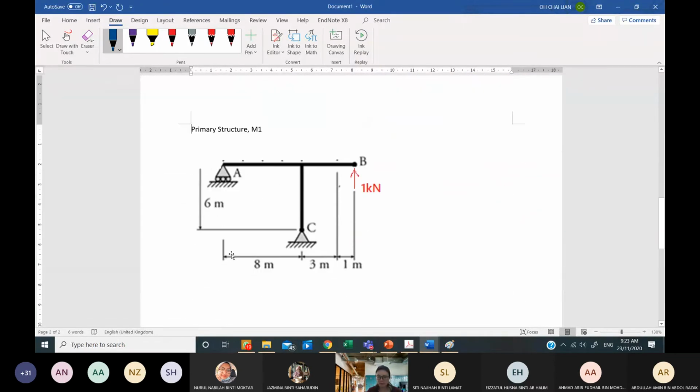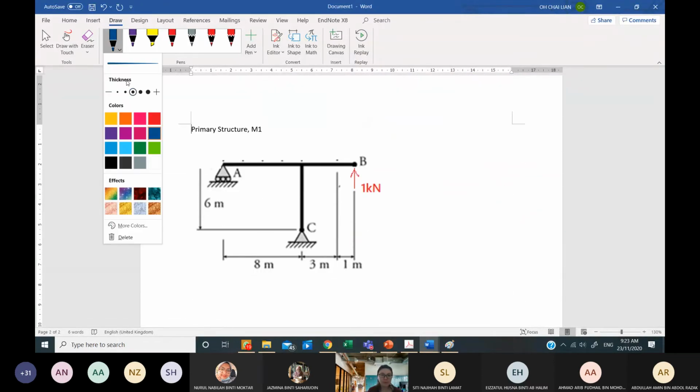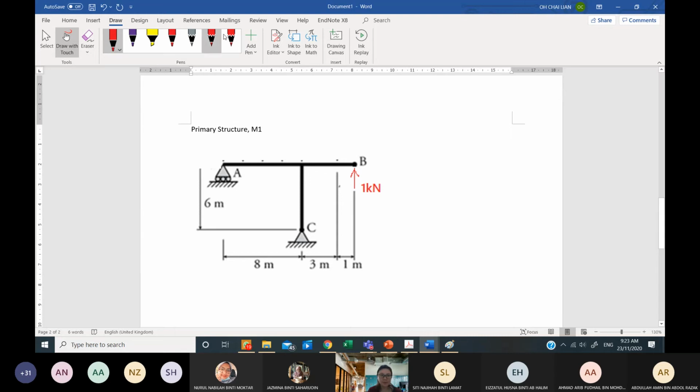M1. So now the support reaction is, so we have probably is down. I'm not that sure. Okay, so let's try.